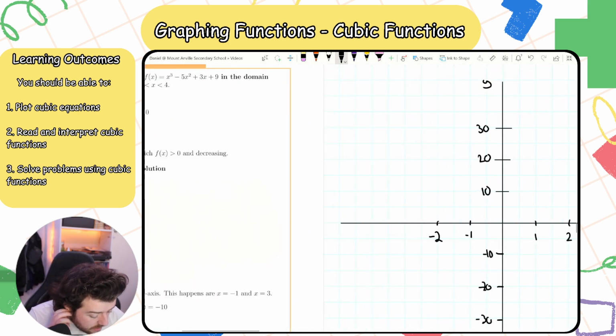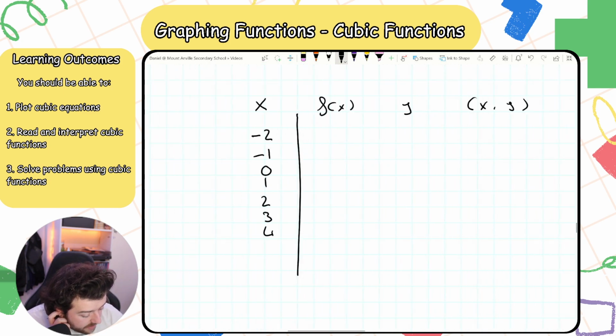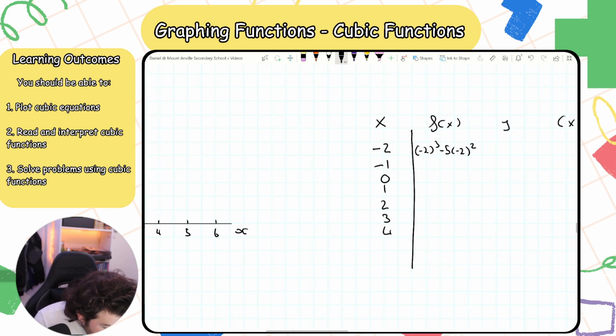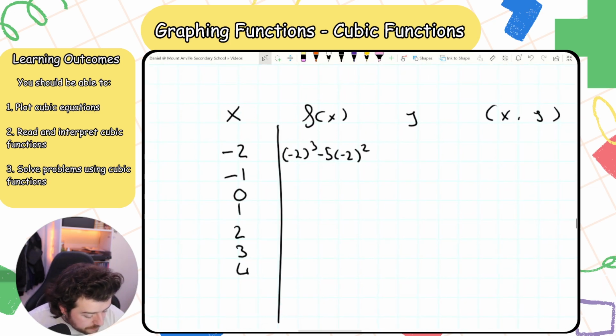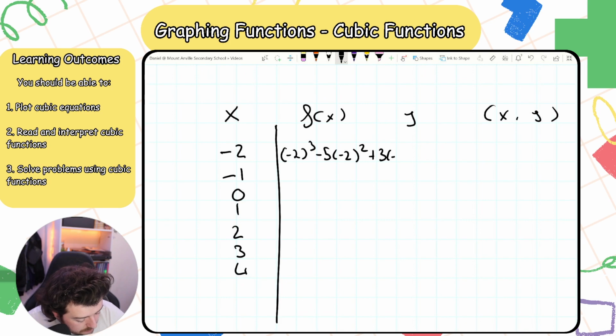So what's my function here I'm subbing in? x cubed minus 5x squared plus 3x plus 9. So it'd be -2 cubed minus 5 times -2 squared plus 3 times -2 plus 9.